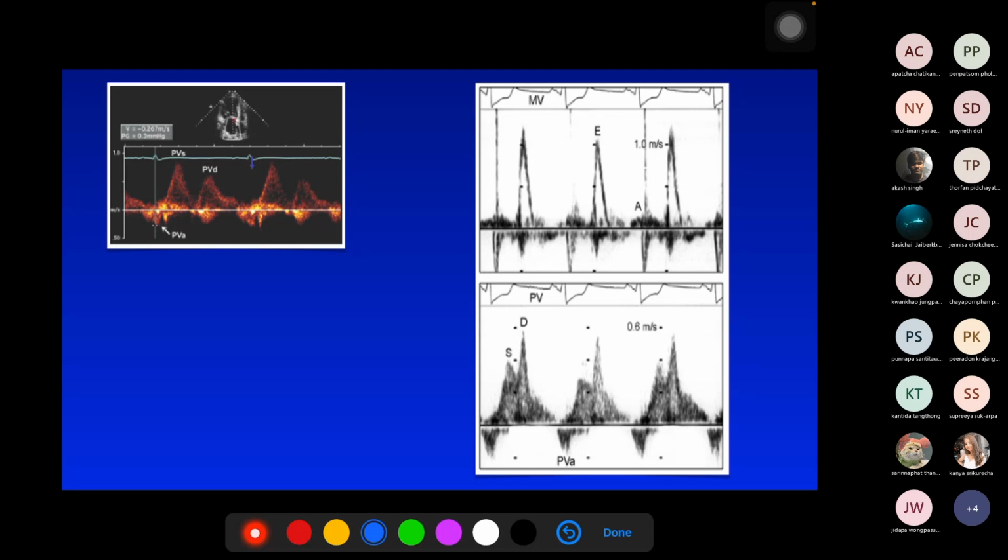This is a Doppler imaging of a pulmonary vein wave. See, PVS, PVD, and this is a reversal. As I told you, normally S should be over D, so the S to D ratio is over 1.